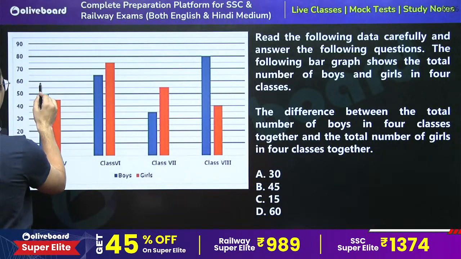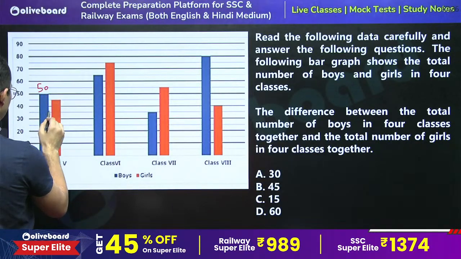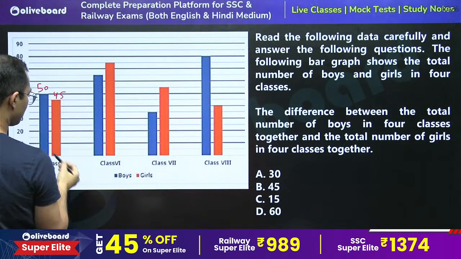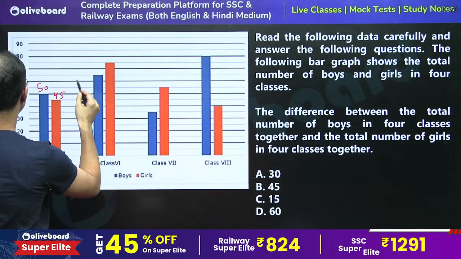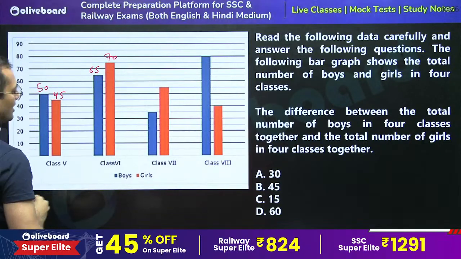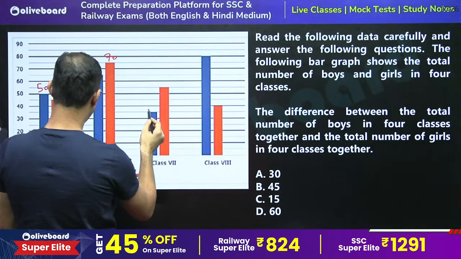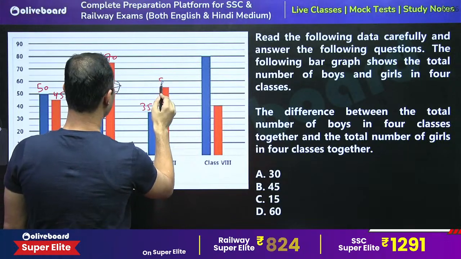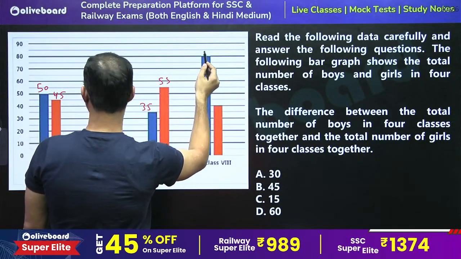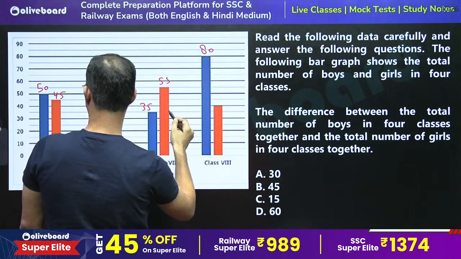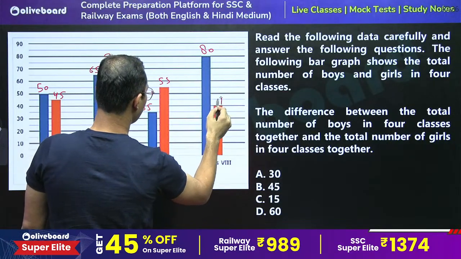Class 5th we have 50 boys and 45 girls, right? And the next class we have 65 boys and 70, right? See here it is 35 and 55, okay? And in class 8th we have 80 and 40, right?